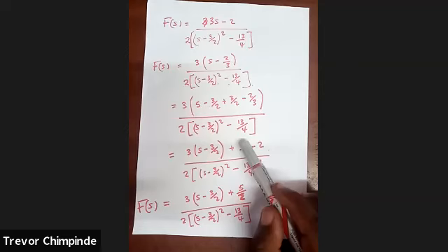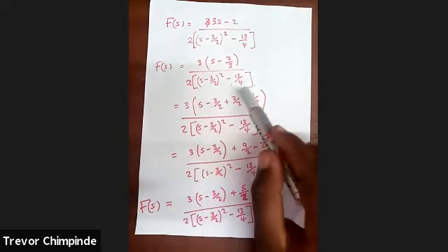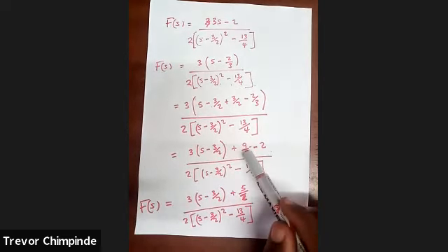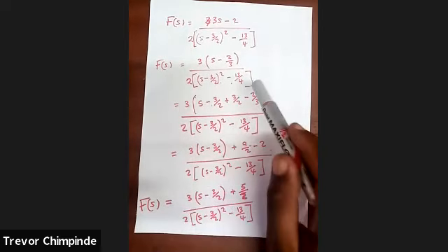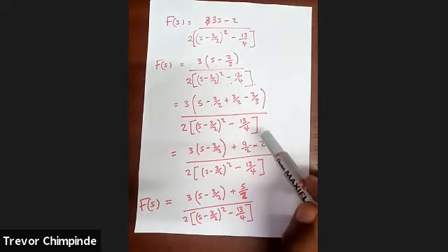I guess he's saying instead of having 9/2, we are supposed to have 5/2. No, it's 9/2 because it's 3 multiplied by 3/2, which is 9/2. Then 3 multiplied by -2/3 is -2.